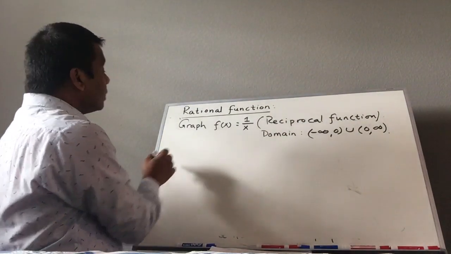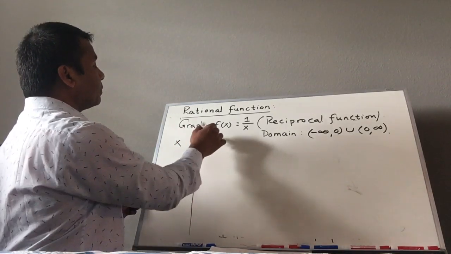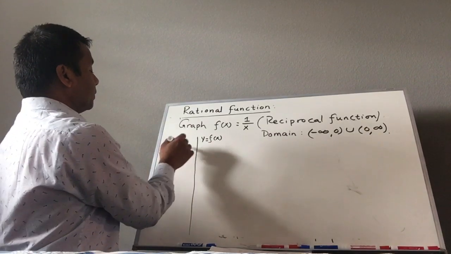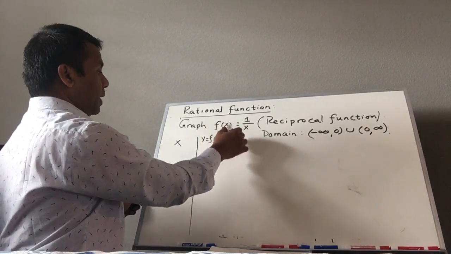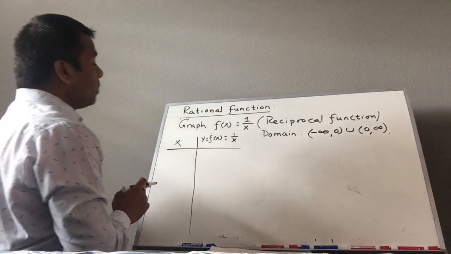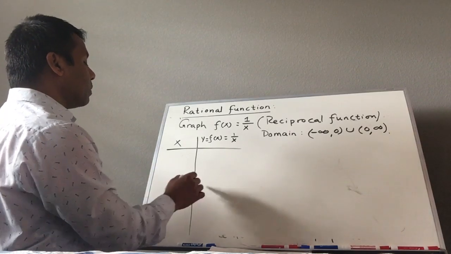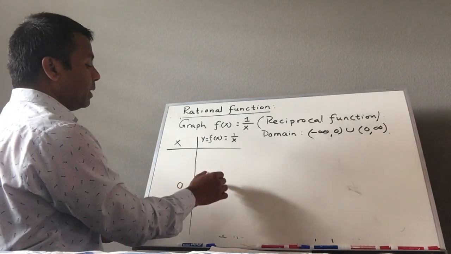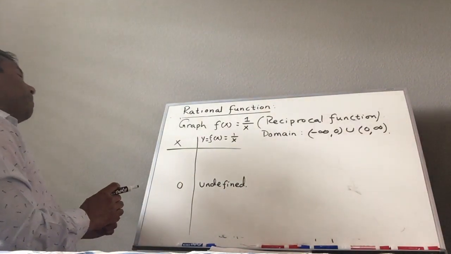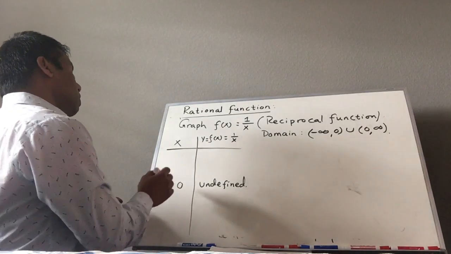Okay, so let's make a table for the x values and y values, where y equals f(x), which is equal to 1 over x. You know that when the value of x is 0, this is undefined. So let's see what will happen as x approaches 0.